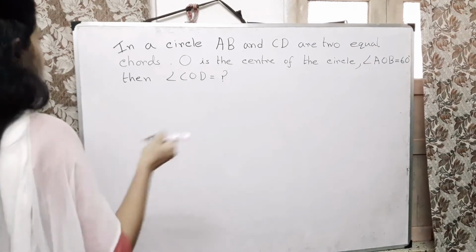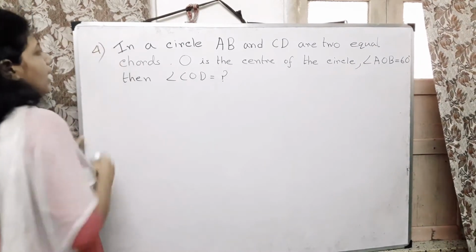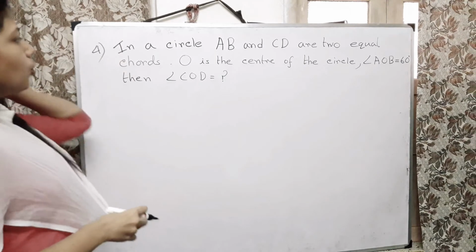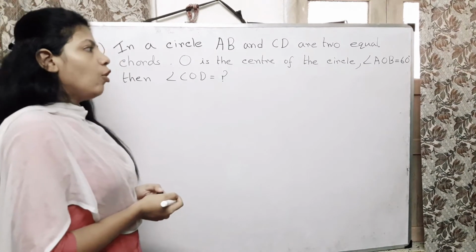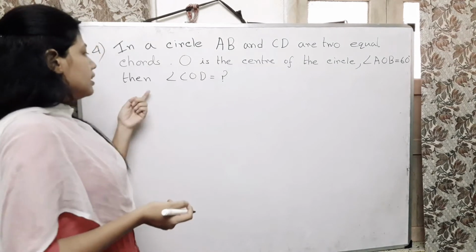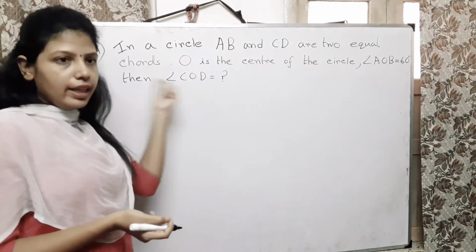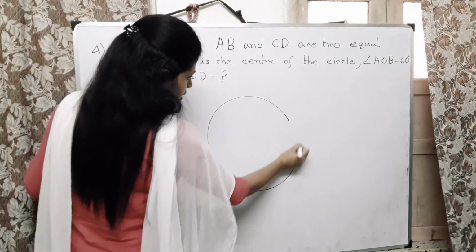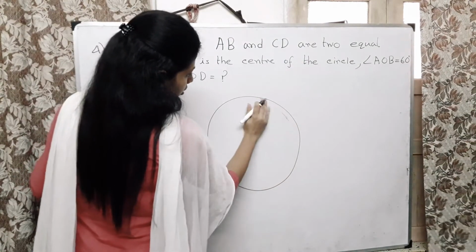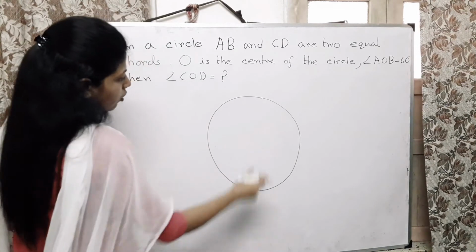Now the next one, sum number 4. In a circle, AB and CD are two equal chords. O is the center of the circle. Angle AOB equals 60 degree. Then what is angle COD here? So first I will draw one circle. Take two equal chords.